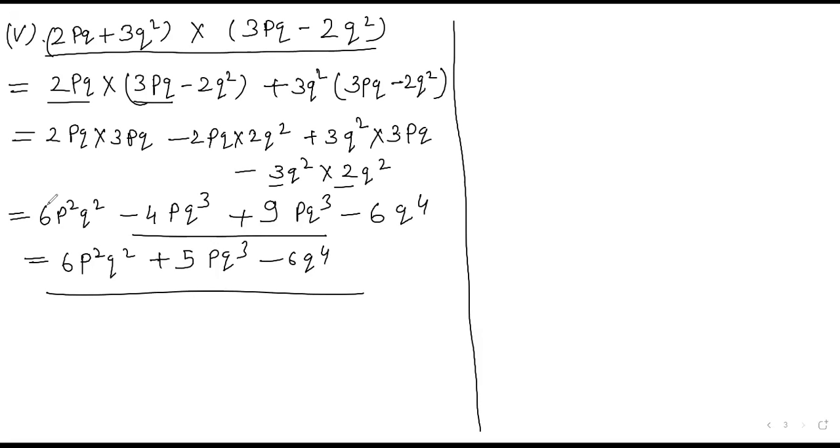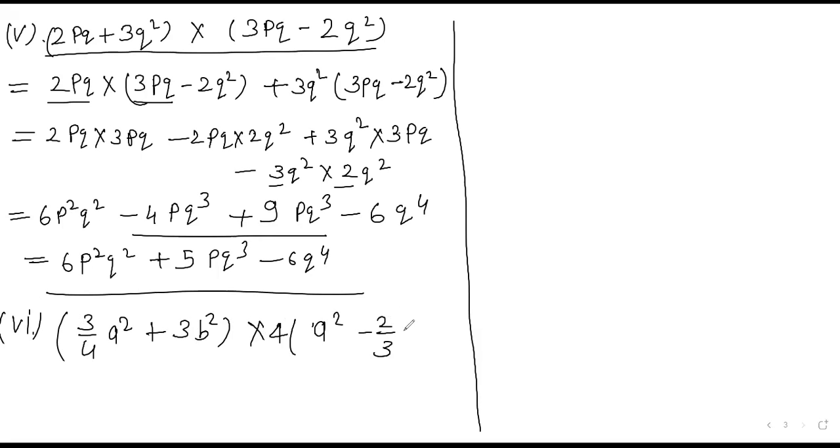These were the given two binomials. Sorry, sixth part. 3 upon 4 a square plus 3b square, multiplied with 4, which is outside, a square minus 2 upon 3b square.